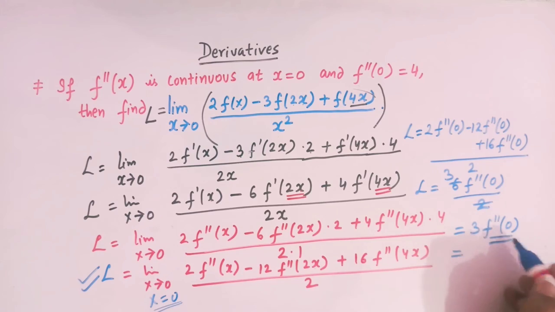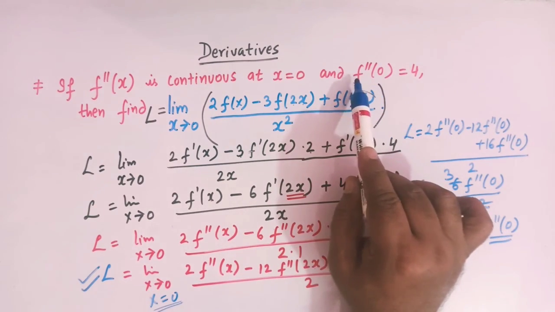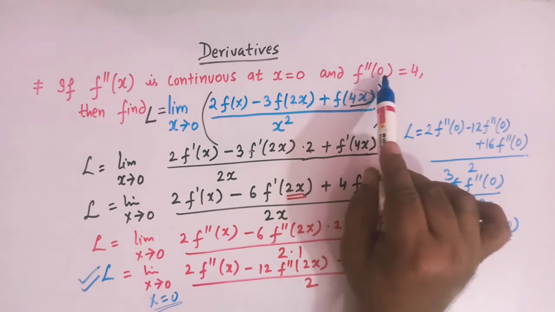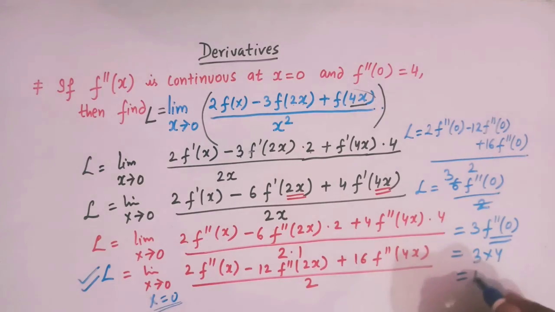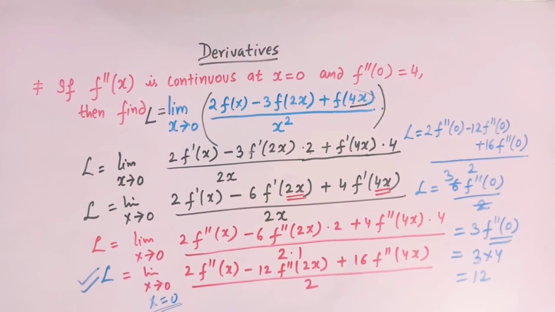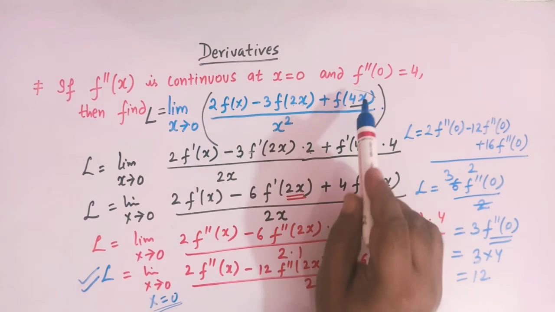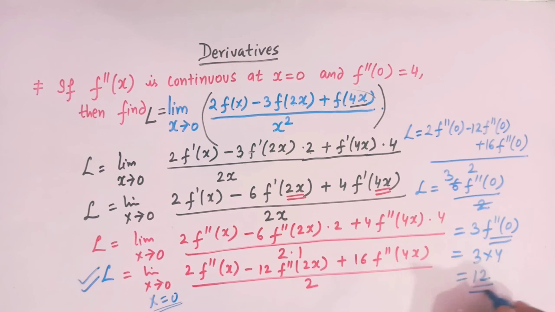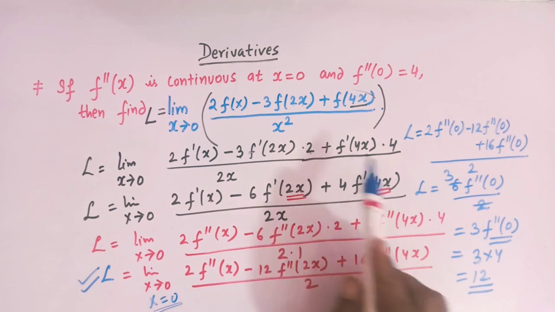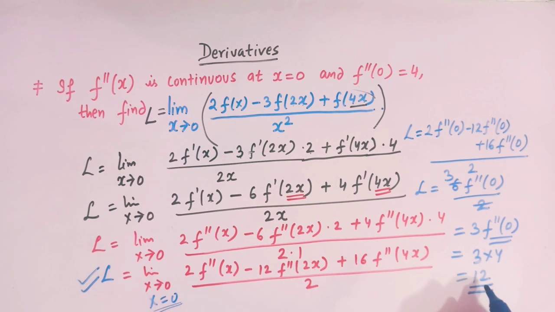So see, we are already given that the second derivative of f at x is equal to 0 is 4, so this is 3 times 4, that is 12, right? So now the value of this limit L when x tends to 0 is equal to 12. This is how we can apply L'Hopital's rule to solve these types of problems. So here the final limit L is equal to 12.